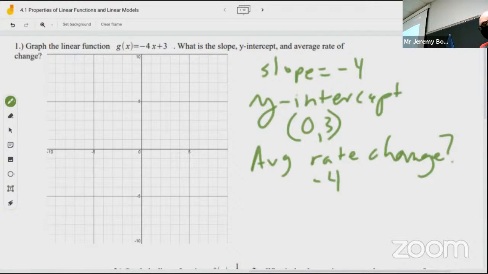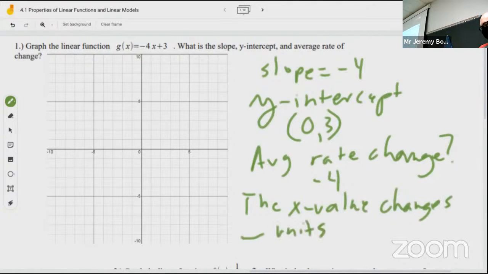And last thing I want to talk about is interpreting the slope. So let's say the x value changes blank units for every blank units the y changes.